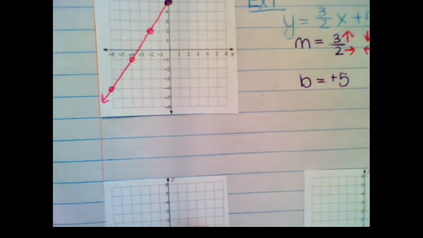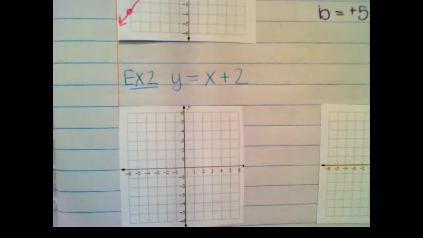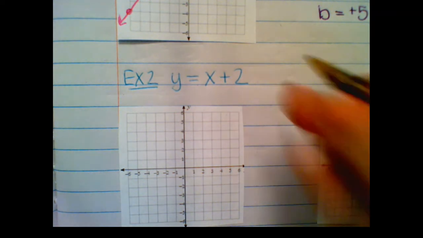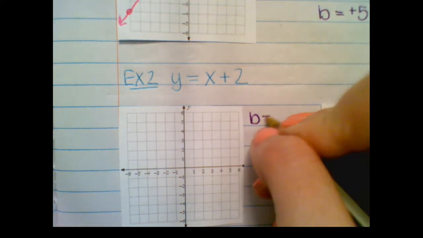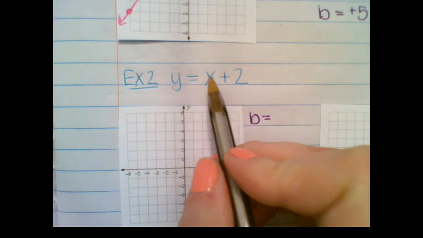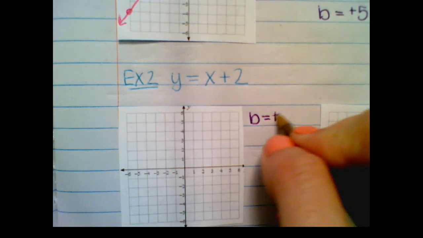Example 2, we're going to stay looking like y equals mx plus b. Okay, so here it is. Example 2 is going to be y equals x plus 2. The first thing I want to do is identify that y-intercept. My b, in y equals mx plus b, is positive 2.